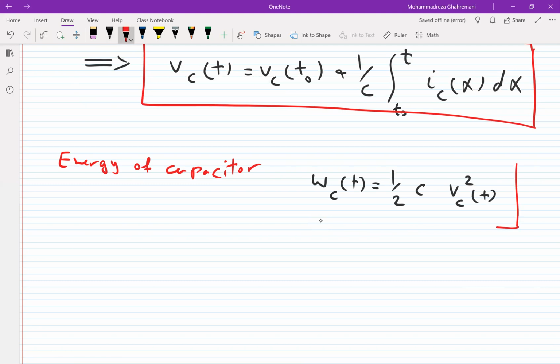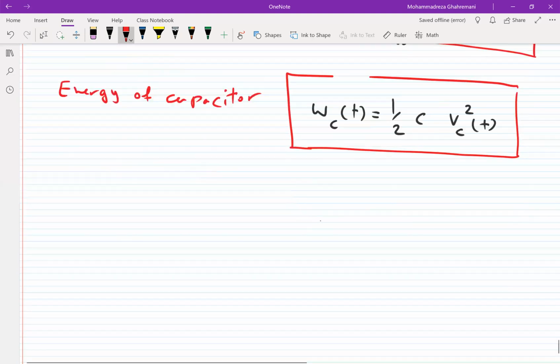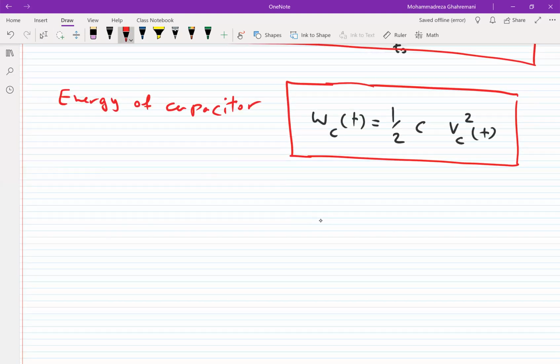So in order to find the energy of a capacitor, we need to have the capacitance and the voltage across the capacitor. The capacitor absorbs power from the circuit when storing energy.